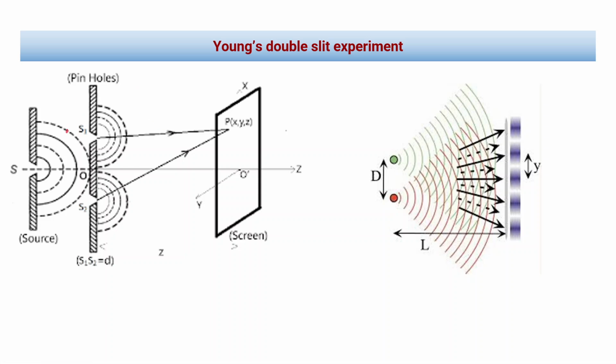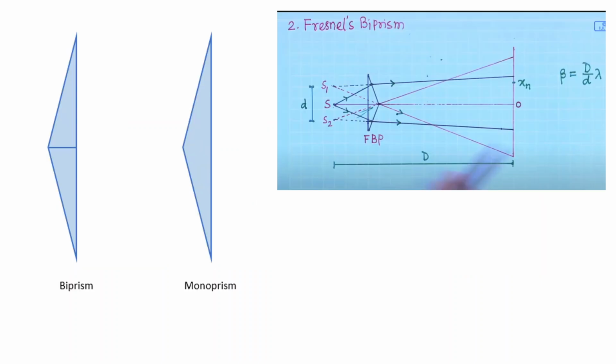This is that every point on a primary wavefront acts as a secondary source of wavefront. So based on this, whatever point is coming here, it's again giving birth to a new wave. So these waves, when they come out, will be coherent with each other because their source was the same. So these lights, when they interact at some point, we'll get this interference pattern. This was Young's double slit experiment. And there are different kinds of prism.